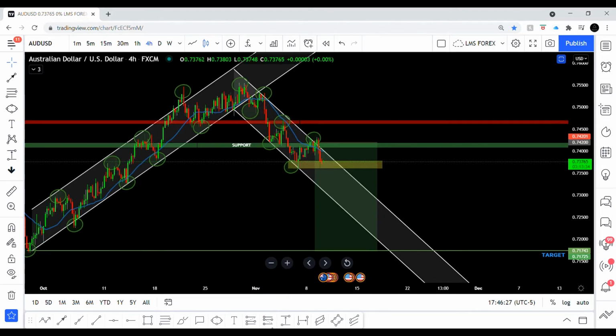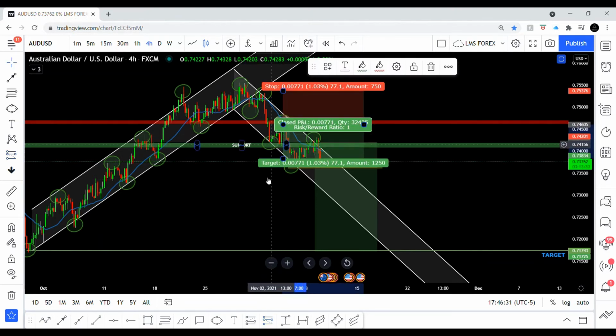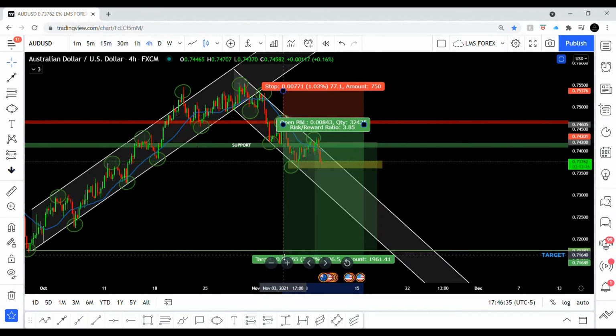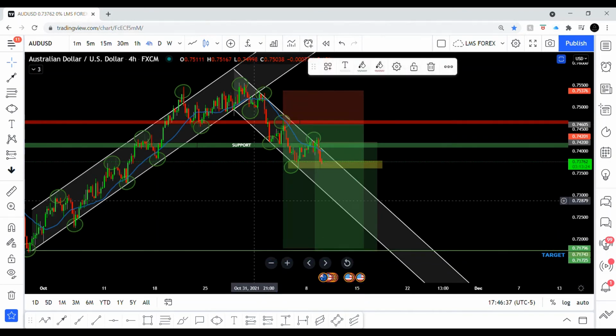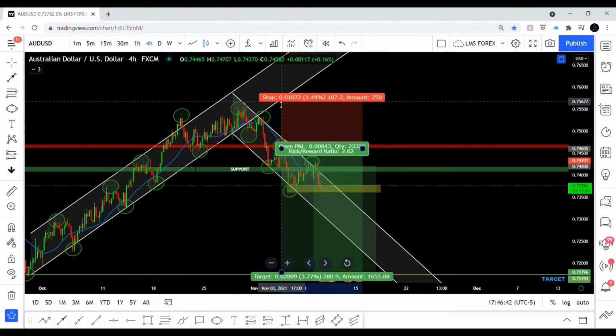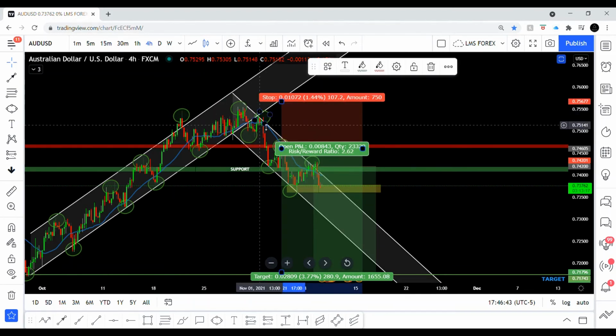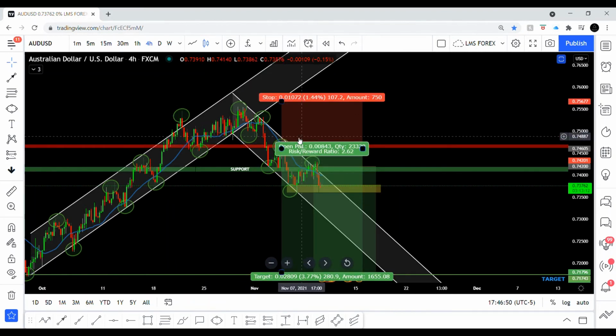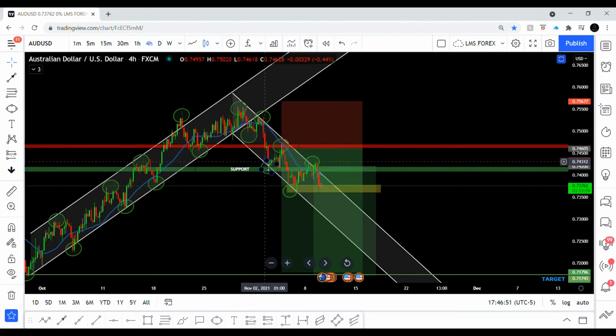If you were to enter a position here, where your stops would have been? Very simple. Your targets again will probably be at the beginning of that bullish trend, and then you want your stops to be around this area right here. Why? Because this was the previous lower high, and if the price is gonna continue down, you don't want the price to go and disrespect this previous lower high.